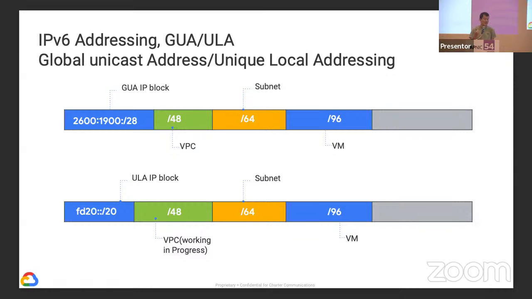We want to assign a bigger block to every virtual machine, because the whole container network will get IP addresses from the virtual machine. So instead of one single IPv6 address, we assign a block to the virtual machine, so anything on top of it can automatically get assigned pod and container IP addresses. Every individual pod can get a /128 address here.